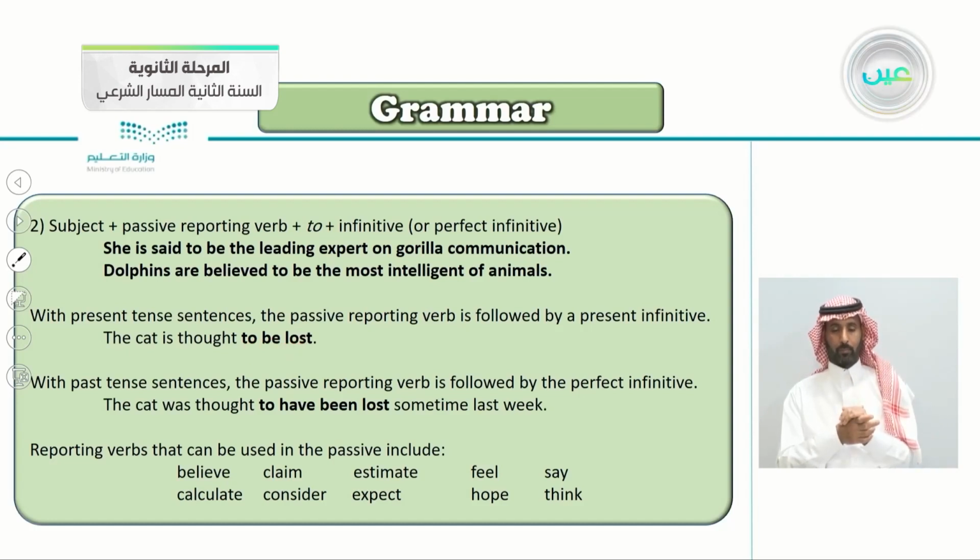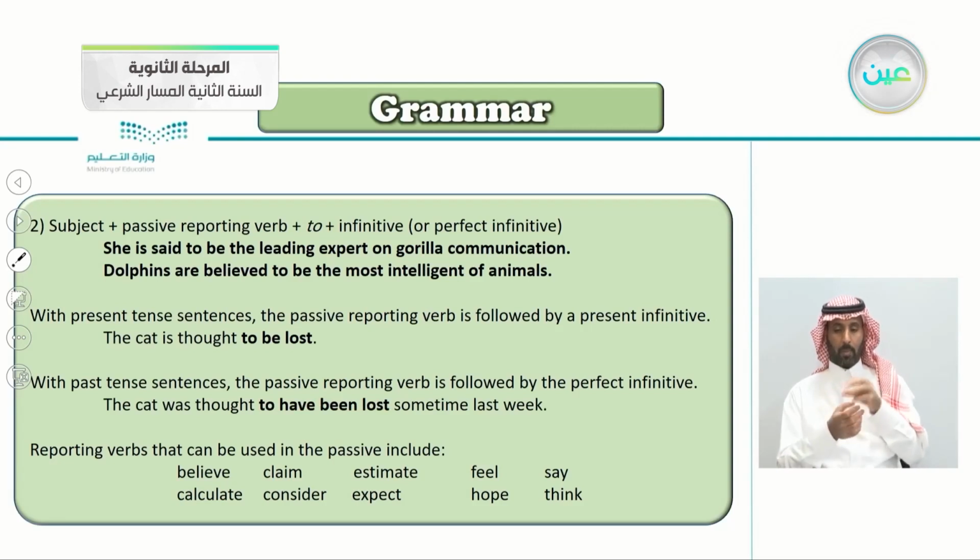Again, the cat is thought to be lost. With past tense sentences, the passive reporting verb is followed by a perfect infinitive. So we say the cat was thought to have been lost. So perfect infinitive, that's why we added have. To have been lost sometime last week.